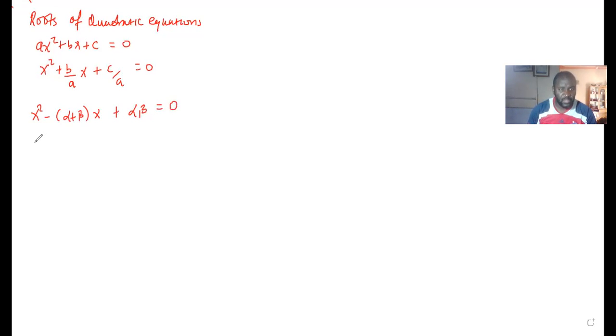That showed us that the sum of the roots, which is always alpha plus beta, is negative b out of a, and the product of the roots, alpha times beta, can be described as c out of a.